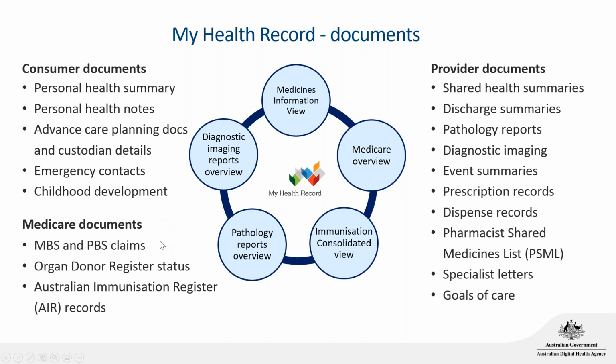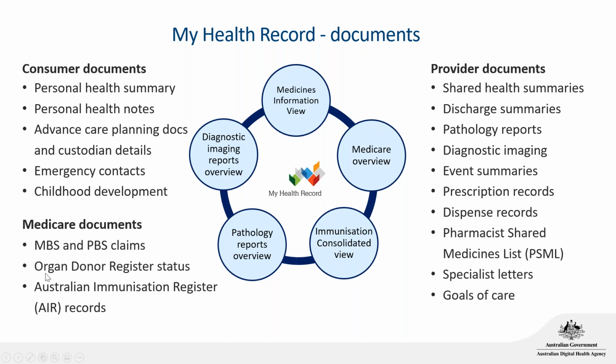We also have another category of information that is uploaded by Medicare. So usually by default, Medicare will upload information about a patient whenever they have processed a type of claim, for example, MBS, DVA items, PBS claiming through pharmacies. That information will link up with the patient's My Health Record and will be visible in there.